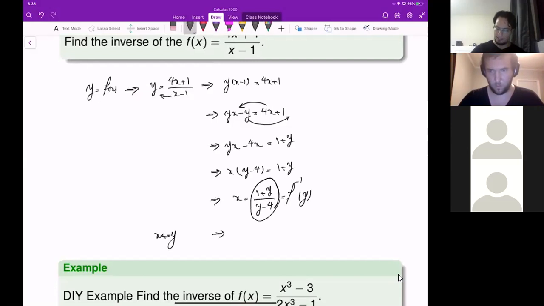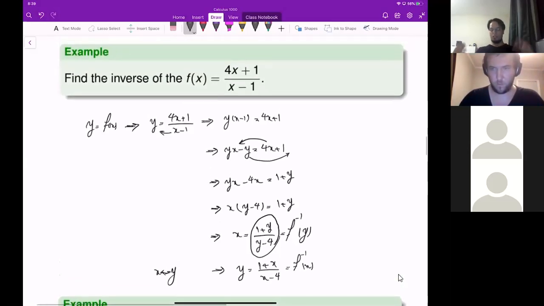From there, you see that y is equal to 1 plus x over x minus 4, and this is f inverse of x. So finding the inverse function is not always easy because solving equations is not easy. In these cases, similar cases, you just try to isolate and solve it for x.